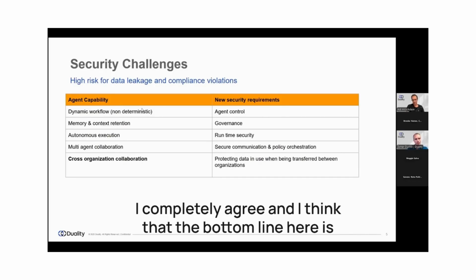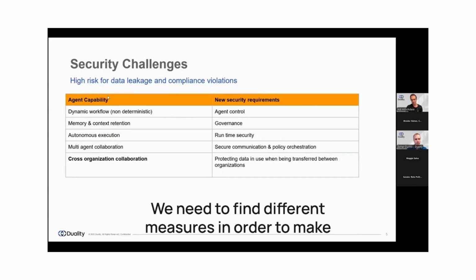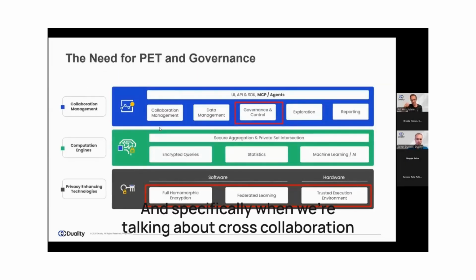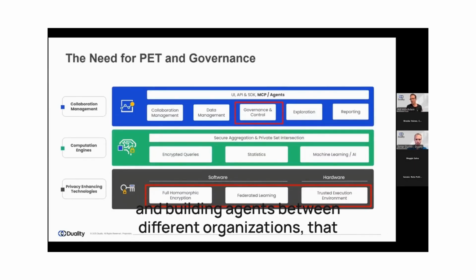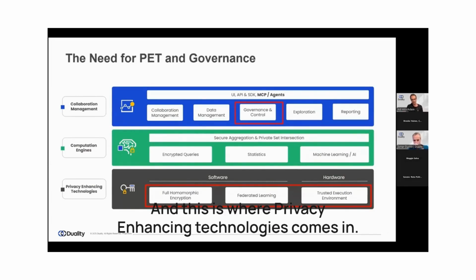Yeah, I completely agree. The bottom line here is that we need a different way to secure the data, right? We need to find different measures in order to make sure that everything is secured when it comes to agentic flow. And specifically when we're talking about cross collaboration and building agents between different organizations, that is even more challenging. And this is where privacy enhancing technologies come in.